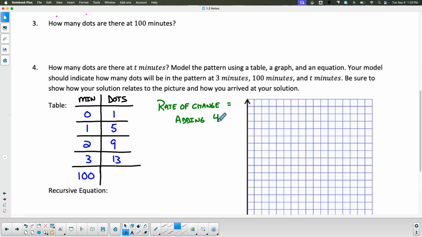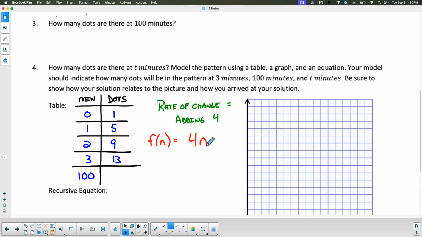Every time we're adding 4, so that means our equation is going to be 4n. We're going to start there, because every minute we're adding 4, and n is a minute. Does that work for our first one?